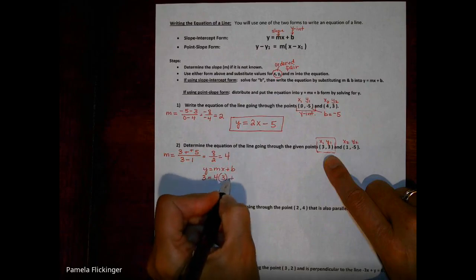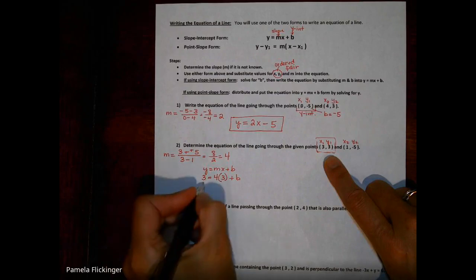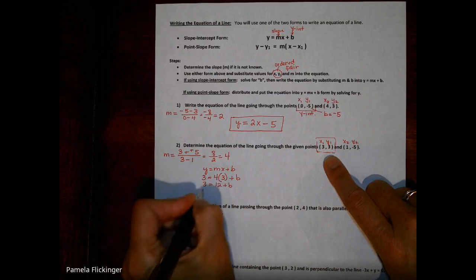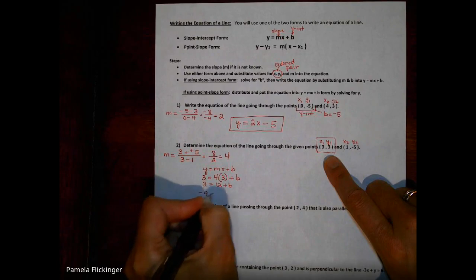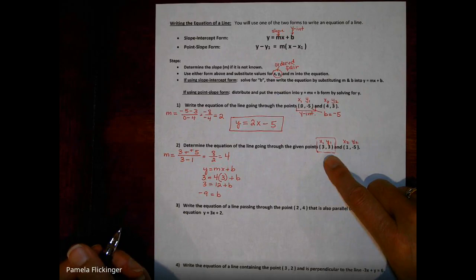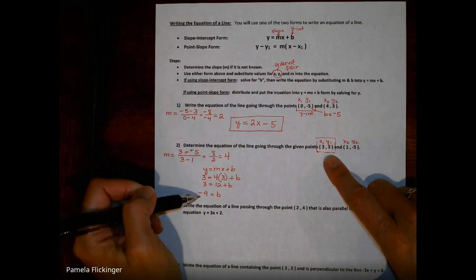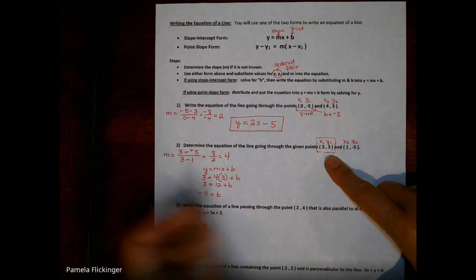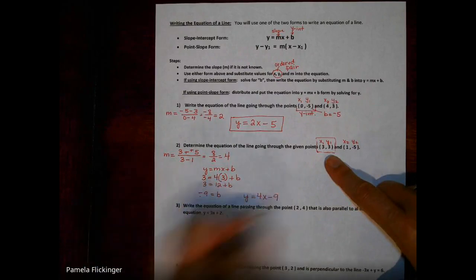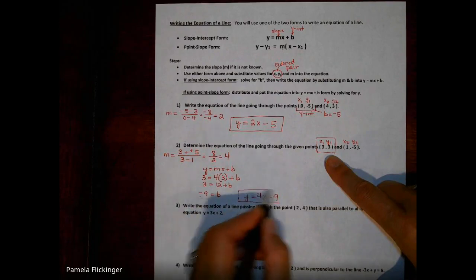And so what I need to do is solve for b. So I've got 3 equals 12 plus b. And when I subtract 12, we get -9. So I would put my slope and my y-intercept together and would get y equals 4x minus 9. All right, now let's do the other way.